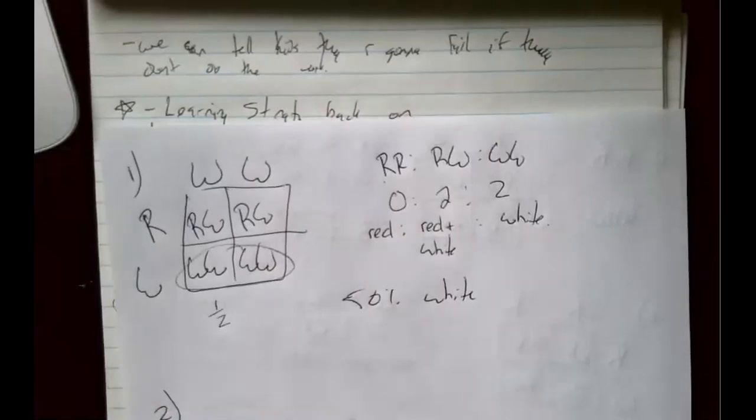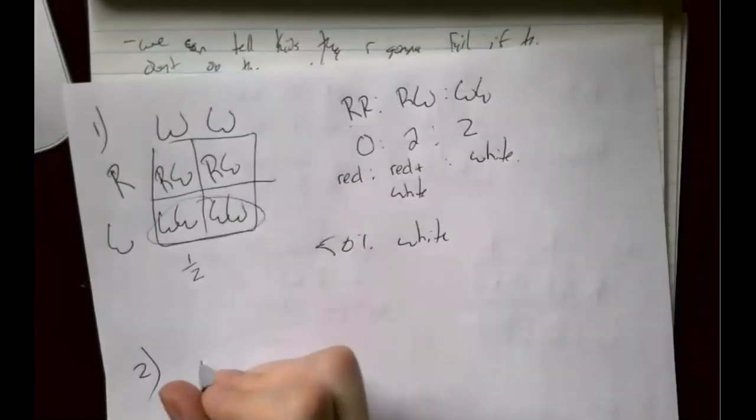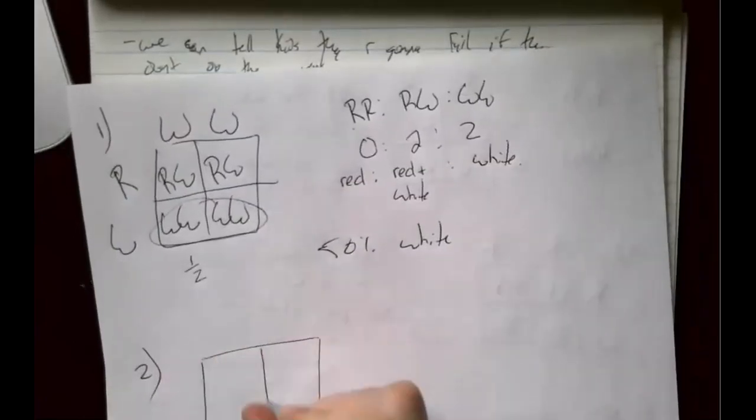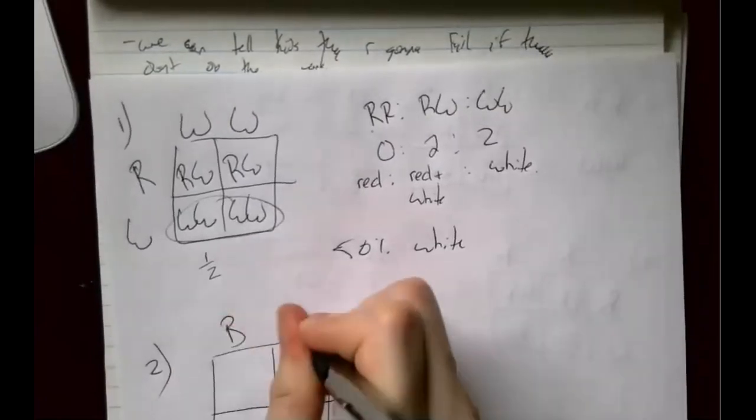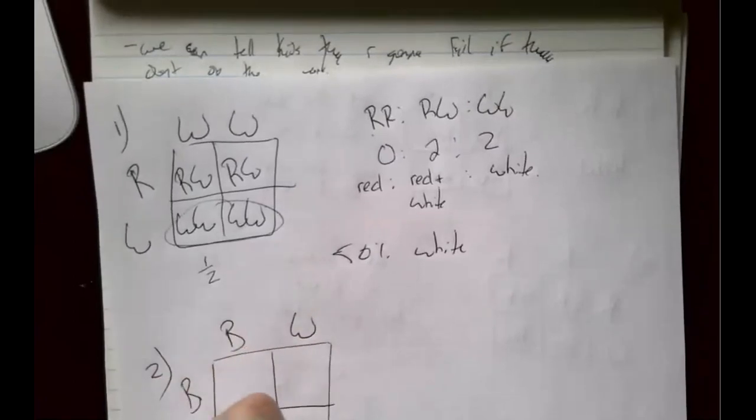And then for number 2, it says, in some species of chicken, chicken feather is determined by black and white codominant alleles. Heterozygous chicken are called checkered. What are the chances of 2 checkered chickens producing a black chicken? So if we have 2 checkered chickens, that means that they have both the black and white allele.